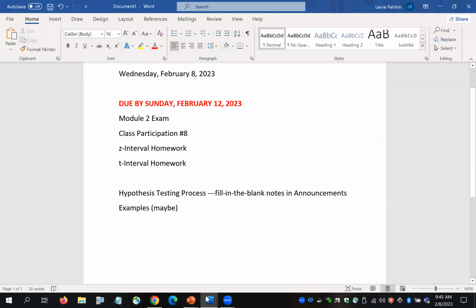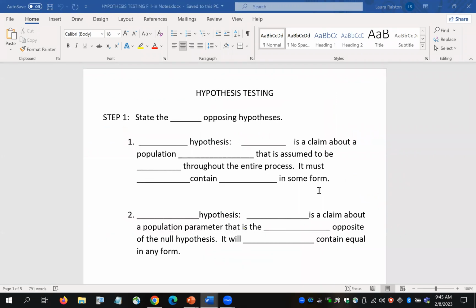But our topic for today is hypothesis testing. And this is actually going to be our focus in the course for the rest of the term. Okay, we're in week 5, so we have about 3 weeks left, and we're going to be talking about hypothesis testing through the rest of the time.